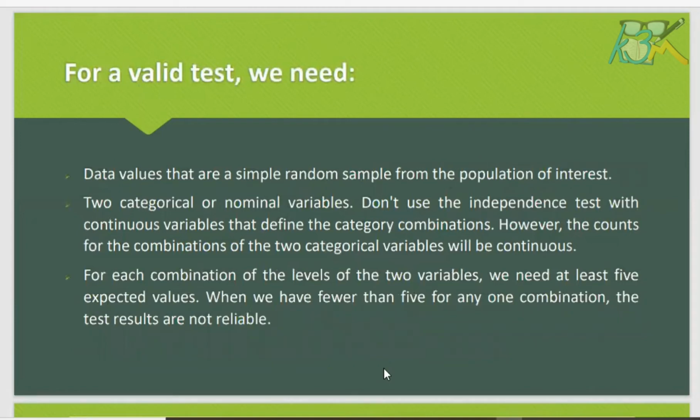So for a valid test, we need data values that are a simple random sample from the population of interest. Simple random sample from a population. So let's say a population, yung whole student ng USM. Tapos yung random dyan, mag-pick ka lang.